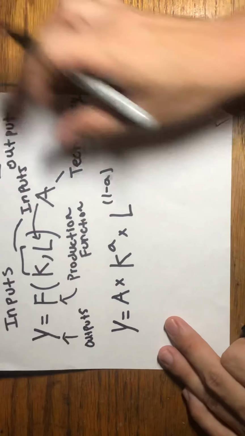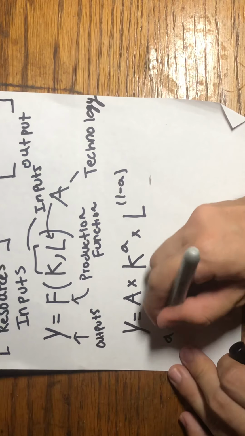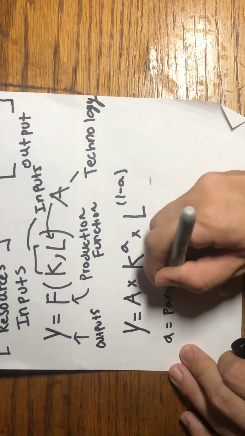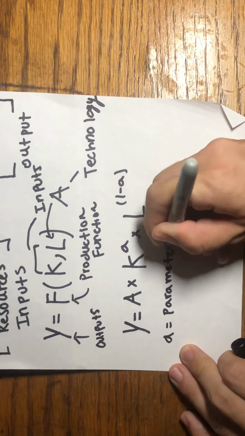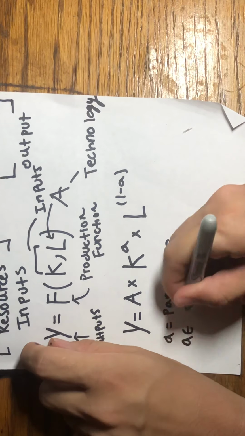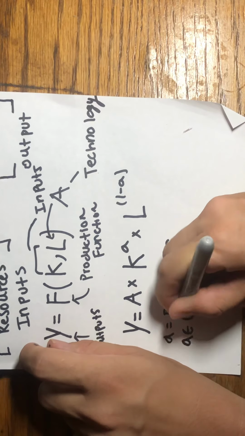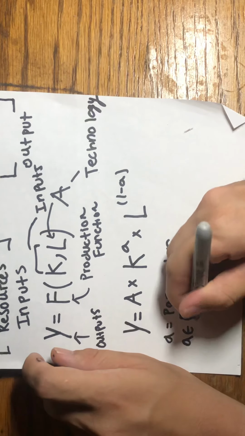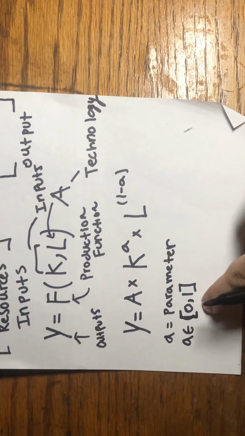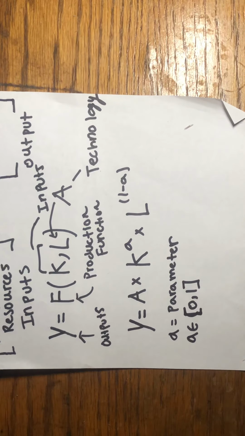You're probably thinking, what is a exactly? Well, a is a parameter. A parameter is essentially just a number, and a is a number that is set between 0 and 1, including 0 and 1, with a minimum of 0 and a maximum of 1.